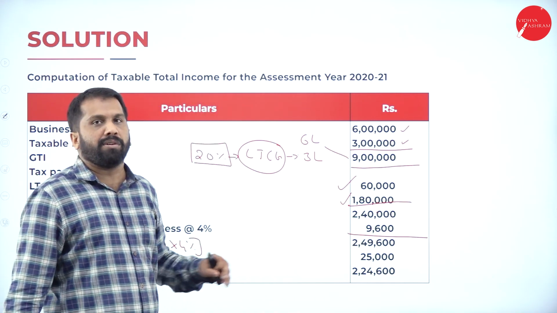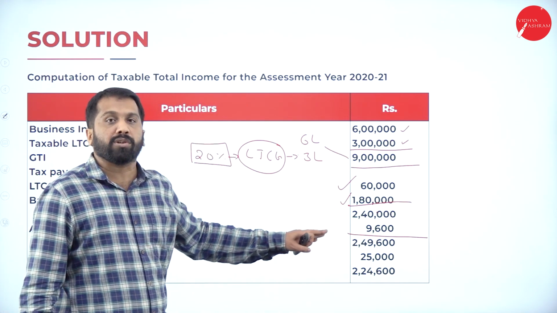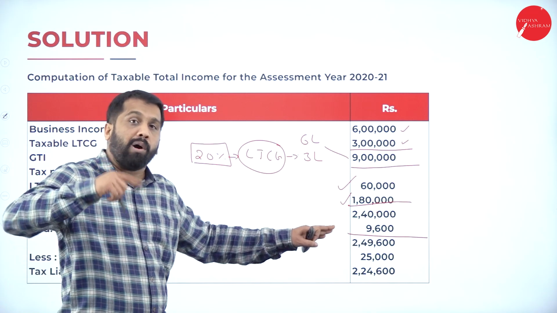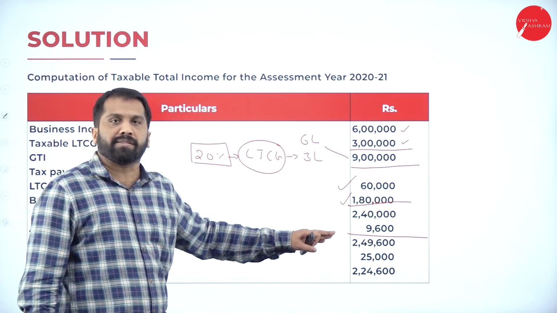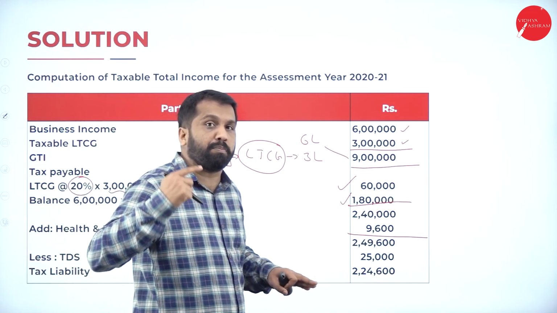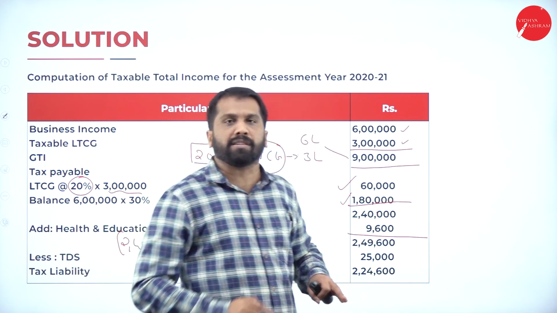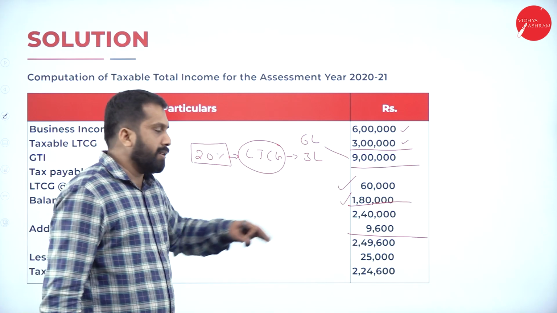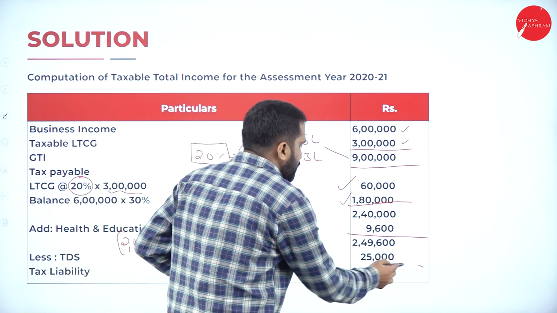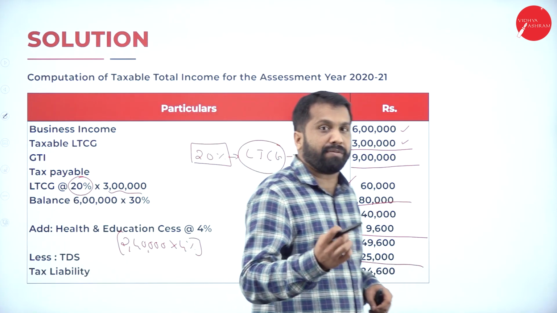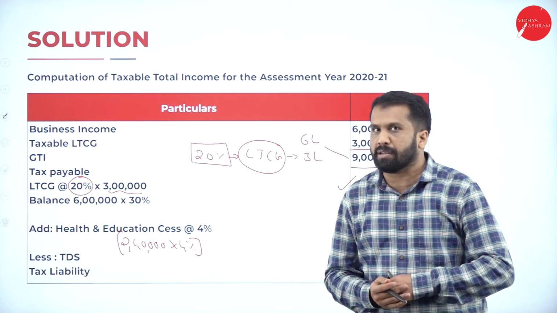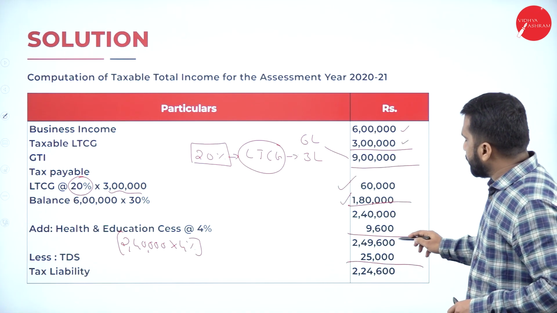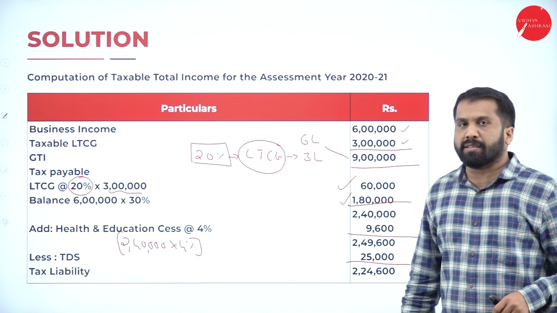So, as I told you, your tax payable is how much? 2,49,600. Already you paid 25,000. Then what you are supposed to do? 2,49,600 minus 25,000.